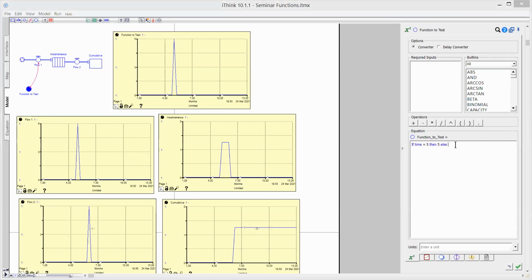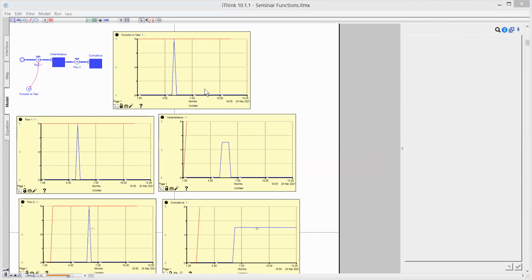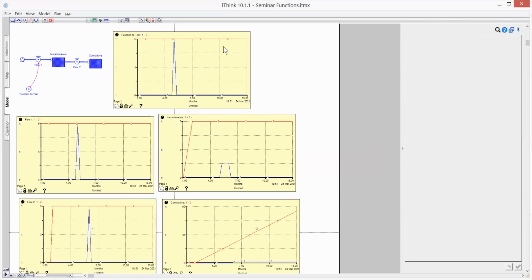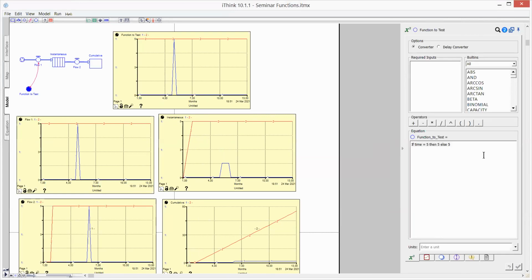So let's see what happens if I make that one 5 as well. So this will just run through 5s. So I get a straight line, that's 5s, and that goes up to 5. And cumulatively, oh no, that's not exactly what I'm looking for. So let's go back to this function and try and do something else.